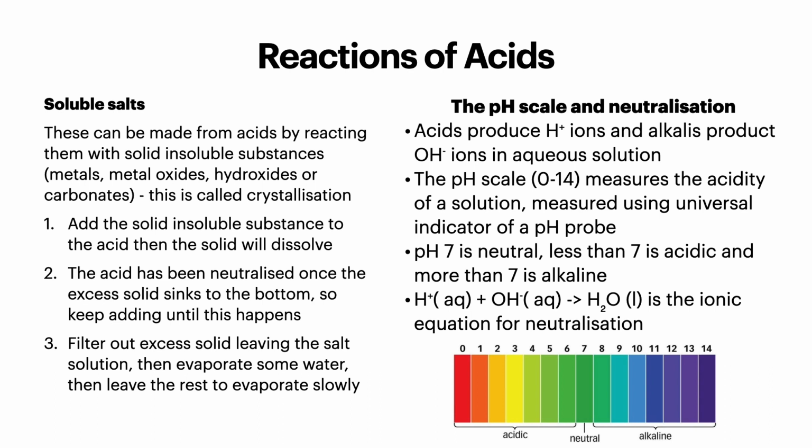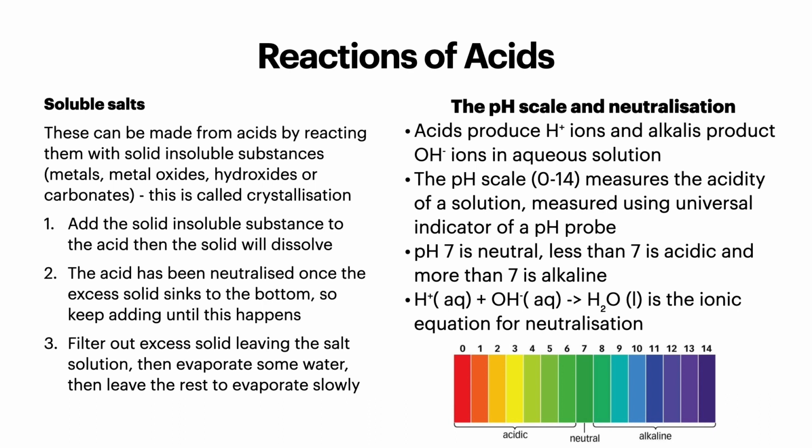Now we've got the pH scale, which is always fun. So acids produce H+ ions, and alkalis produce hydroxide ions, so OH-, in an aqueous solution. The pH scale, ranging from 0 to 14, measures the acidity of a solution, measured using a universal indicator or a pH probe.